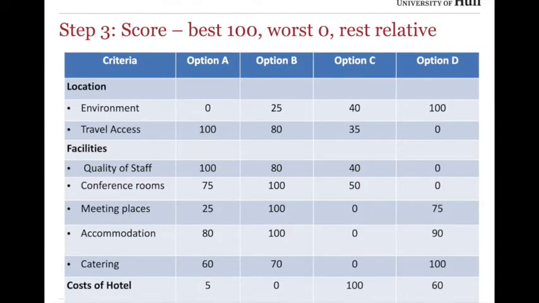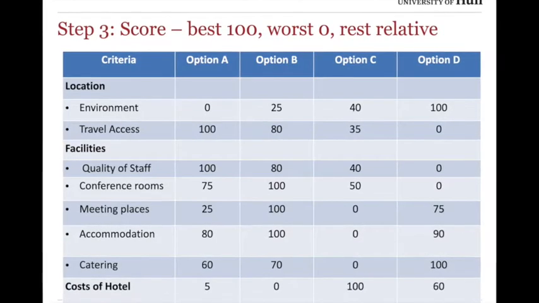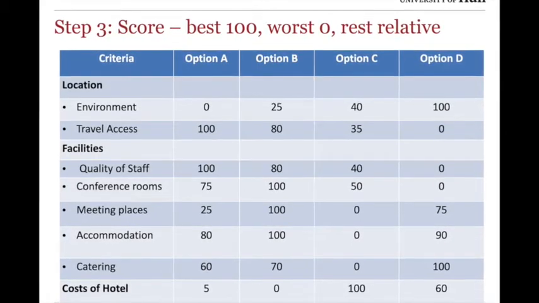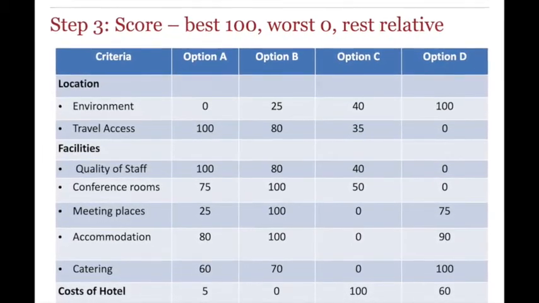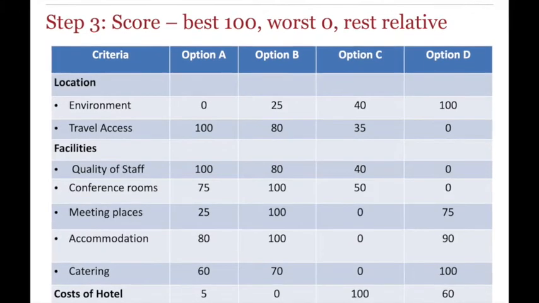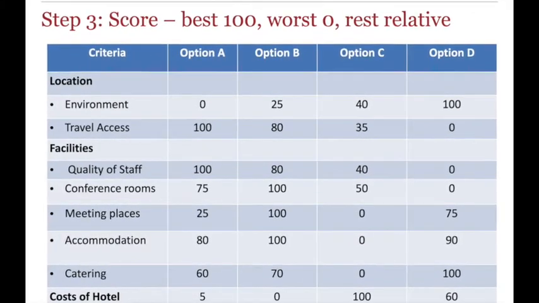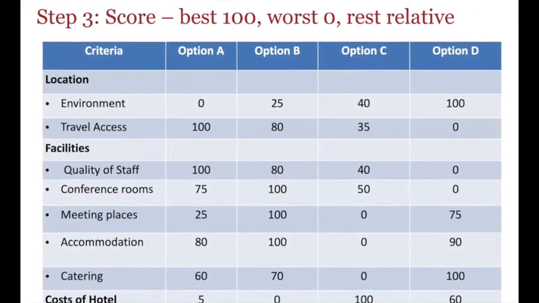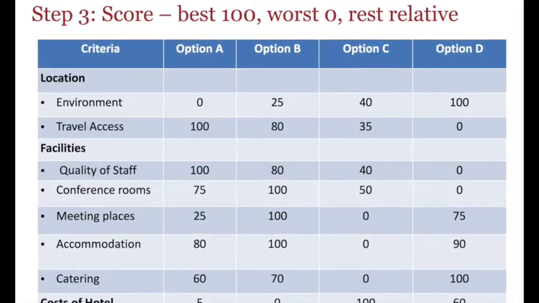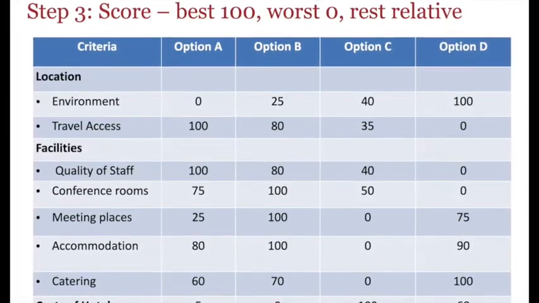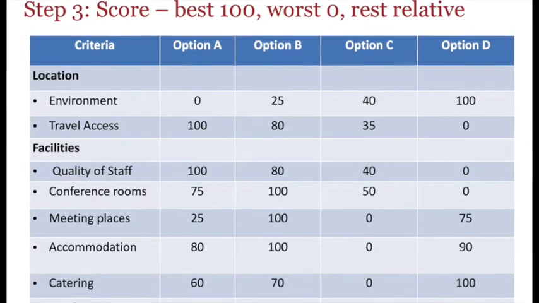Now notice that with cost, there is no level 2 criteria, so we just score the level 1 cost. In this case we've got option C as being 100, which is the cheapest. Option B gets 0 as the most expensive, and then A and D are scored 5 and 60 relative to those two.